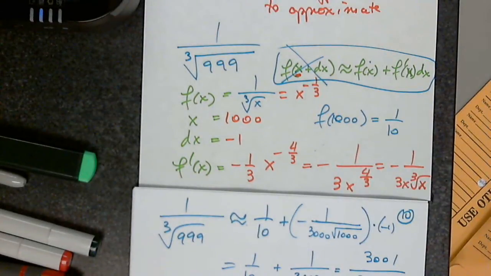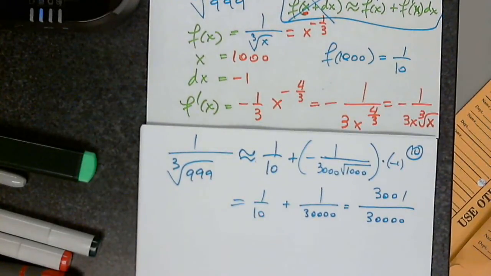Very powerful result. So now let's check our work with the graphing calculator. So here it is. I didn't mean that, I meant this. So we want to take 999 to the power negative 1/3, or we want to determine 3,001 divided by 30,000.